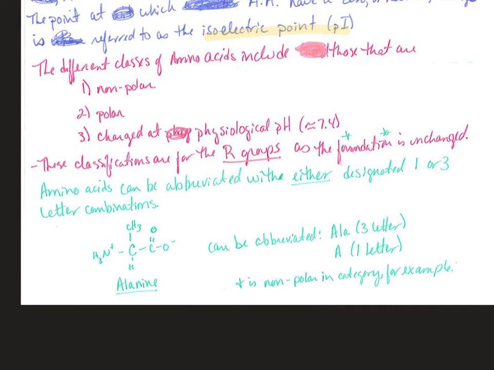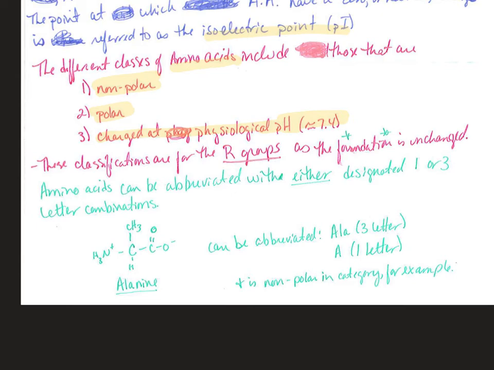Now, there are different classes of amino acids. And those different classes are defined by what their R groups look like because otherwise everything looks the same. So we have things that are nonpolar. Those are R groups that have basically, we've got carbon and hydrogen bonds there. Things that are polar, so things that tend to have oxygen or can hydrogen bond in those R groups. And then we have those that are charged at physiological pH, which is about 7.4.